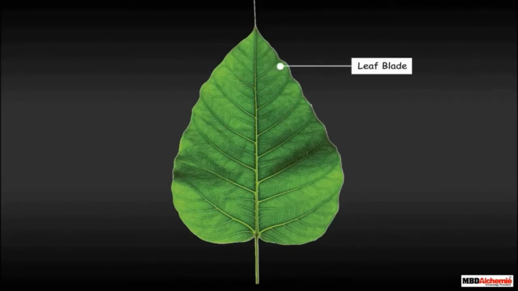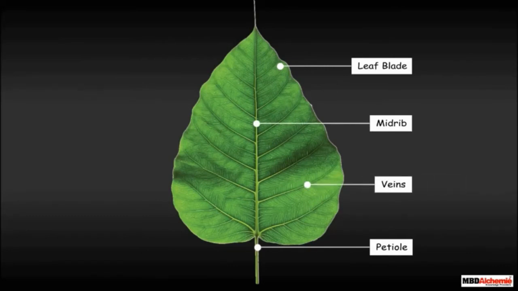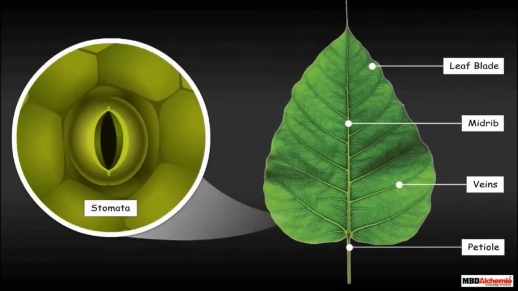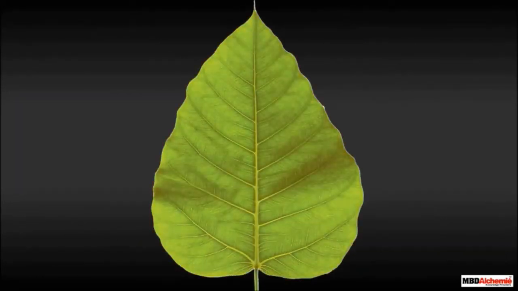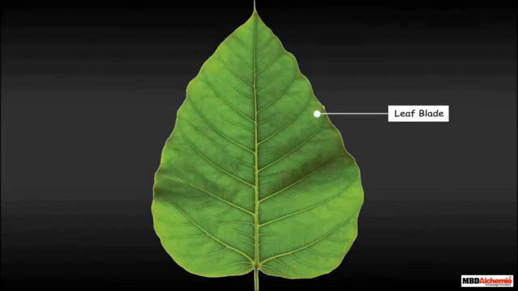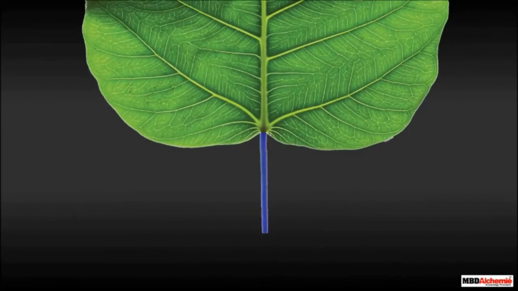Here you can see that there is the leaf blade. This stalk is called the petiole, and from the petiole there is a line coming which is called the midrib, and from the midrib you have veins coming out. Okay, this leaf blade is connected to the petiole.